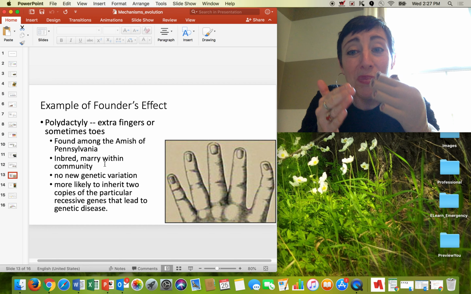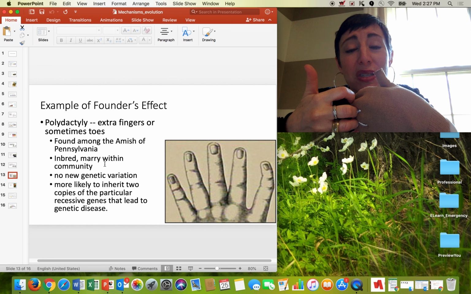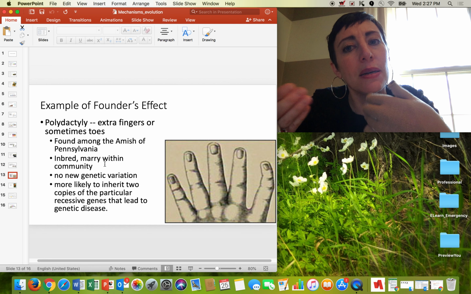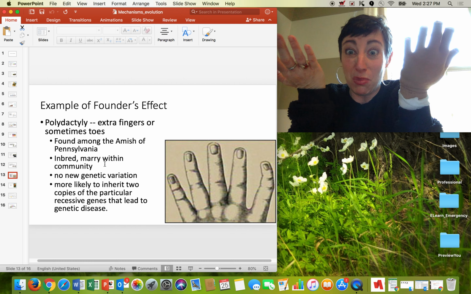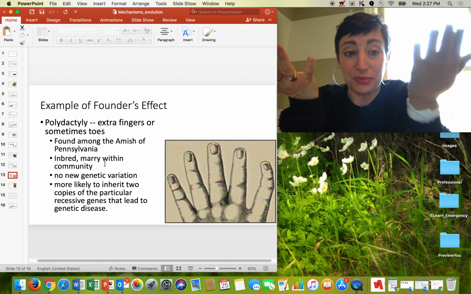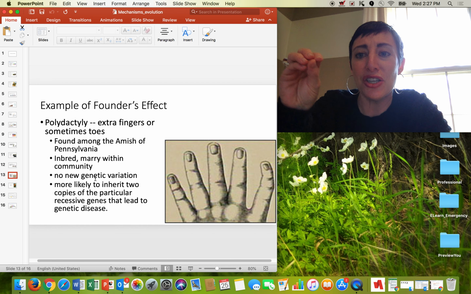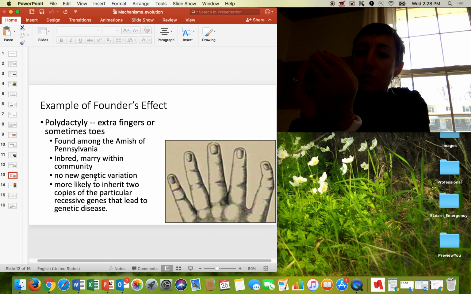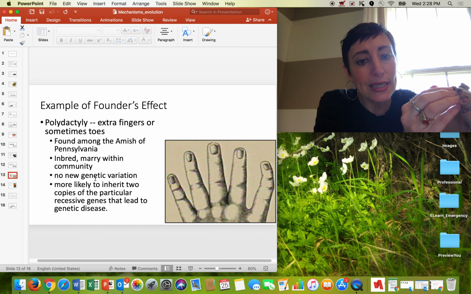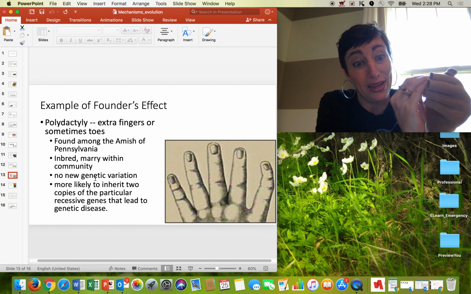But if you inbreed, you have sex within close relationships, then recessive traits sometimes surface up because they're more common, they're more accessible. So this is, again, a population that maybe over in Germany there was a lot of variation, but this small group moved to the United States, and now they're inbreeding within this small population.